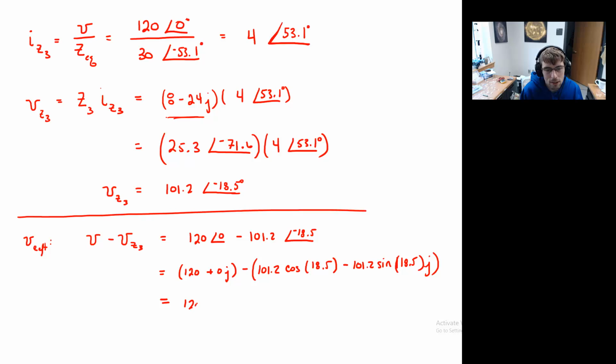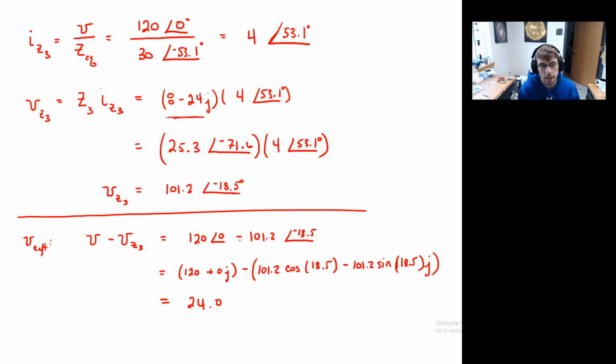So you can see you get 120 minus 101.2. Let's just group our real and imaginary terms together. So what we want is 120 minus 101.2 cosine of 18.5. And don't forget, make sure your calculator is in degrees. Many a student have been led awry due to that. So I have something that says 24, I'll round it to one decimal place.